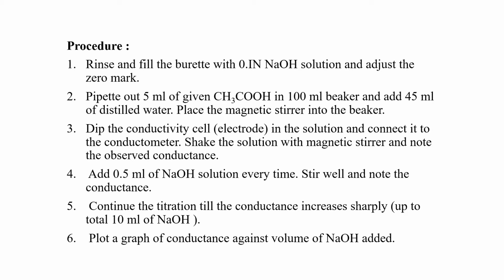It is in the first column, and in front of that, in the second column, you have to write the conductance for every addition of NaOH solution. After complete readings up to 10 ml, plot a graph of conductance against volume of NaOH added.